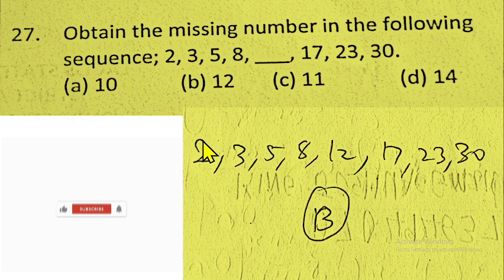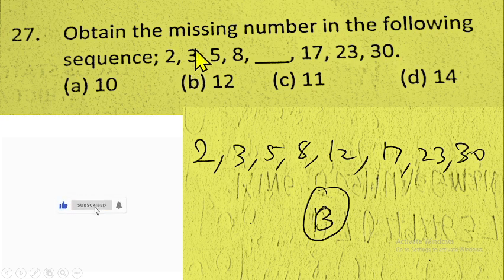Quickly, question number 27 is also on a sequence. You have to obtain the missing value in this sequence. Obtain the missing number in the following sequence: 2, 3, 5, 8, dash, 17, 23, 30. There's a pattern to which they have arranged this sequence as well. 2, next one is 3. That means they added 1 to 2 to give us 3.